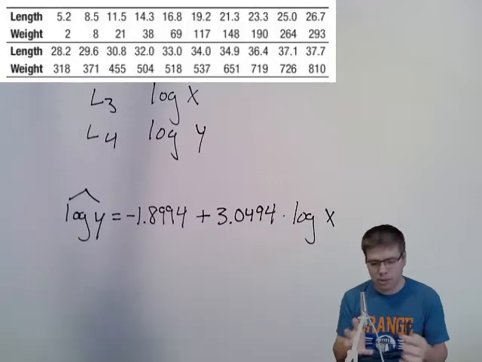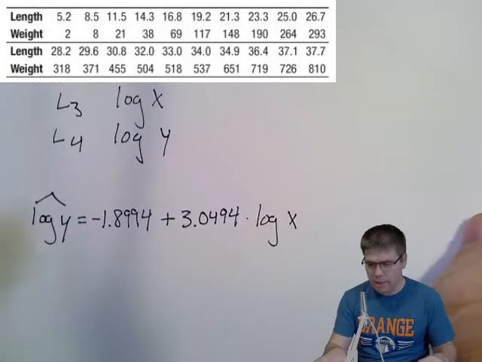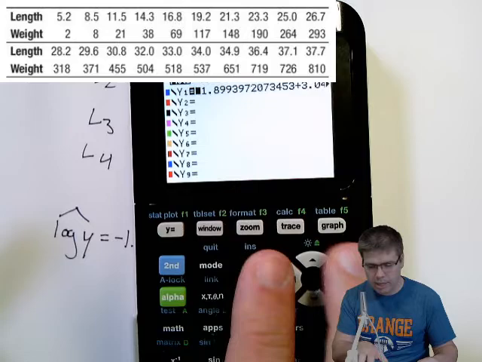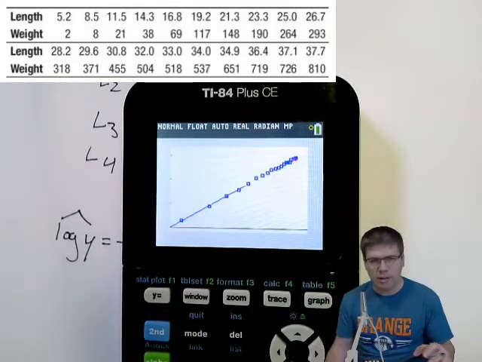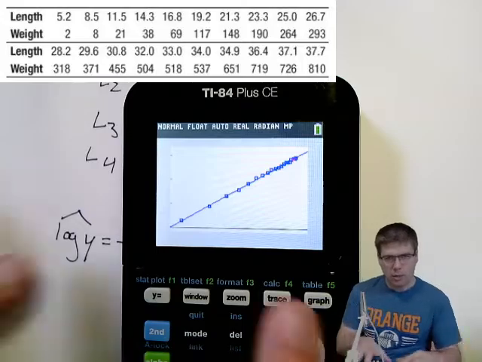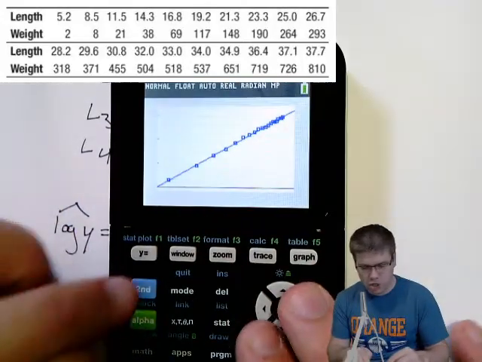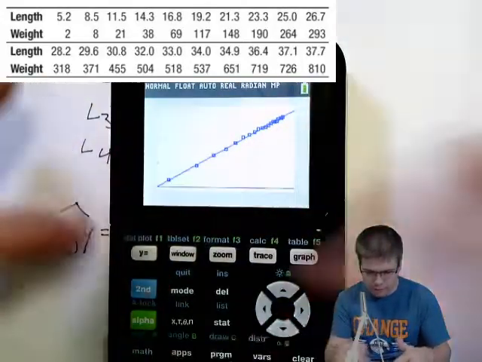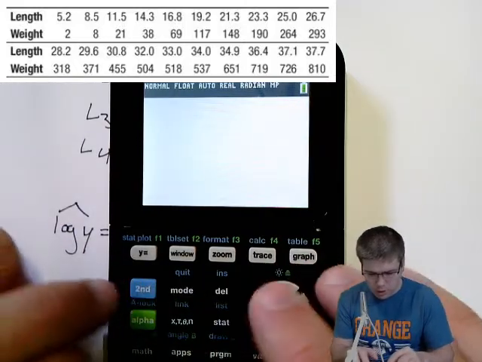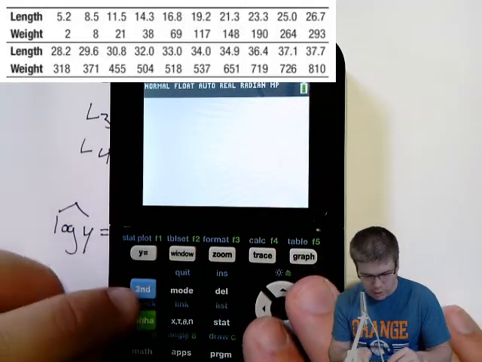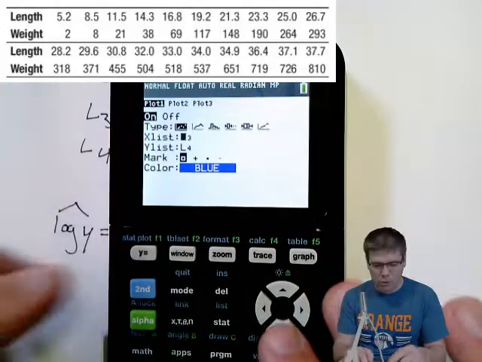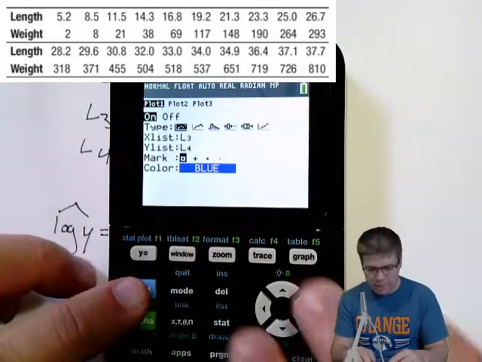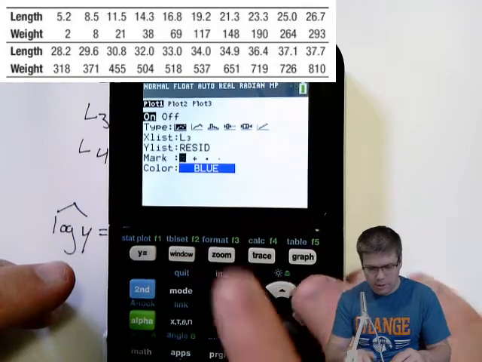We actually have a prediction equation that we could use. We could use that linear relationship, and we can look back at here. It got plugged in, and so if I go to graph it, we see that line fitting that. And while we're on it, let's make sure it is a good fit. You can obviously tell that it looks pretty good, but we could check our residuals, so we would leave it L3 and resid to look at our residual plot.